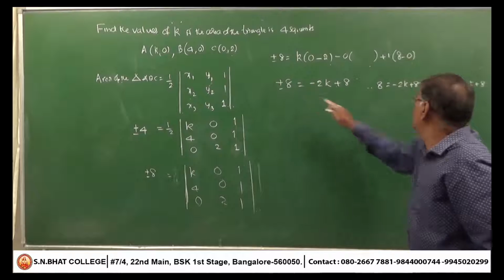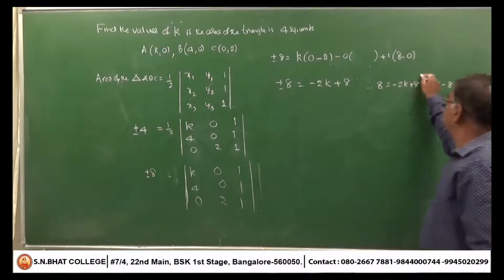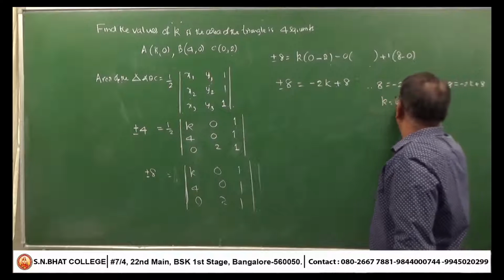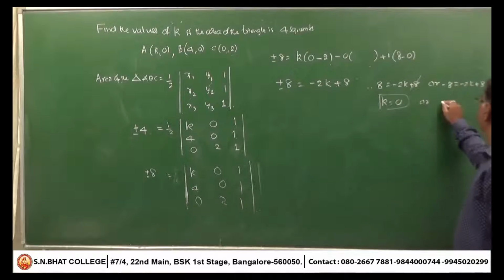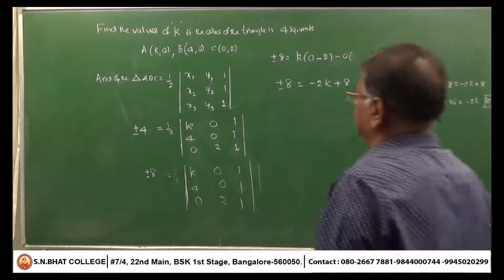Here 0 gets cancelled, k becomes 0. Or bring this 8 to the left hand side, minus 16 is minus 2k, k is equal to 8. So k is 0 or k is 8.